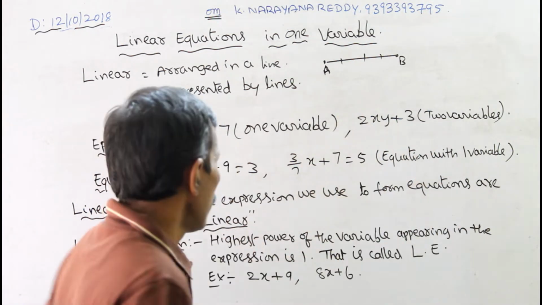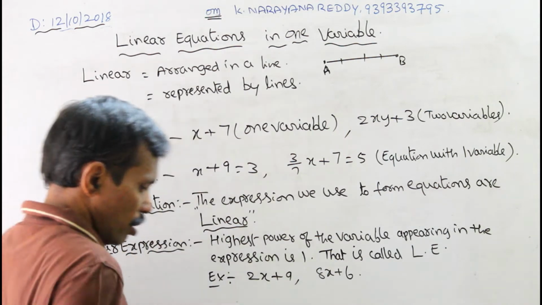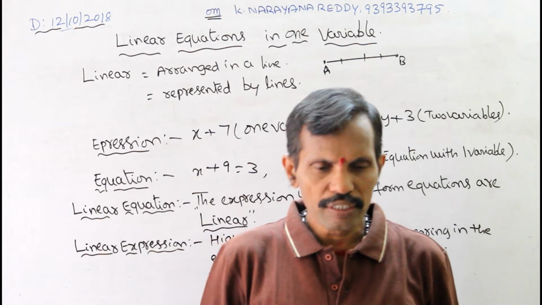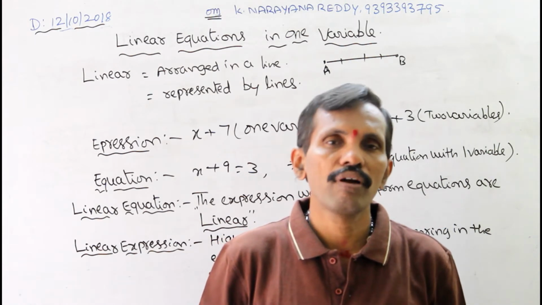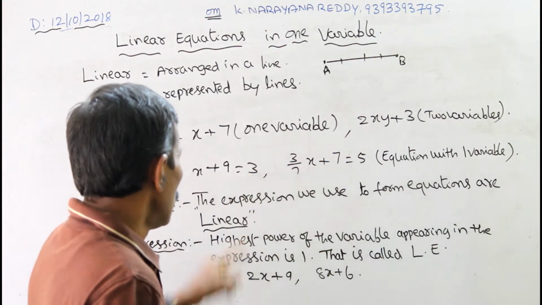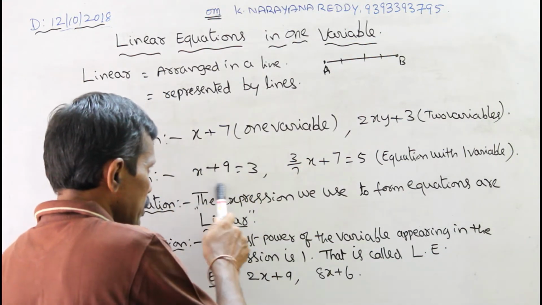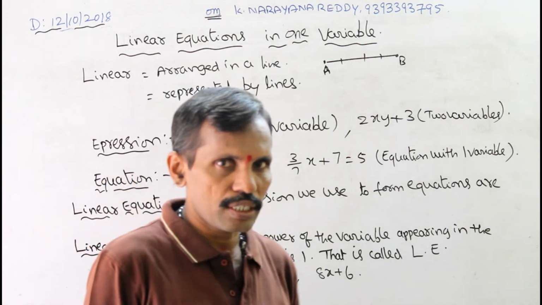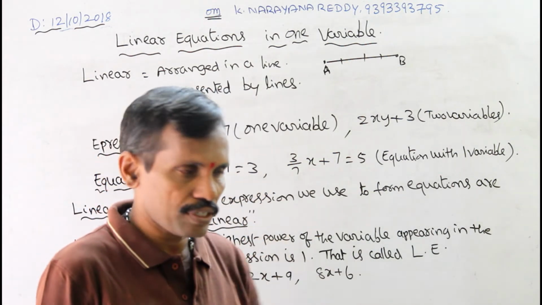That's all. Next one is equation. Already you know what is meant by equation. Equation is nothing but an expression containing an equal sign. The left side is an expression, and the right side is also an expression. Already told in the last class the difference between expression and equation.